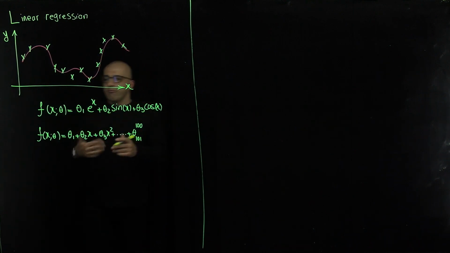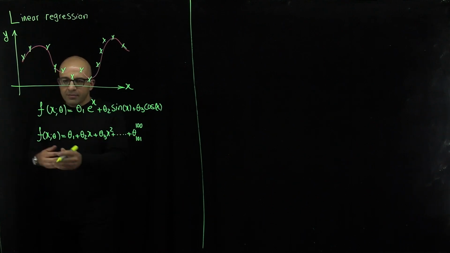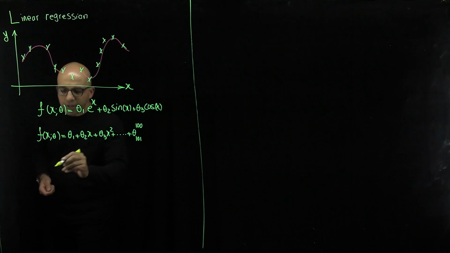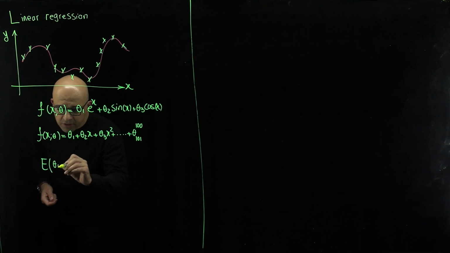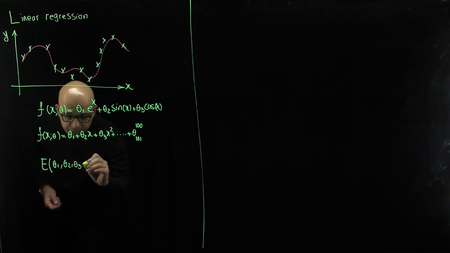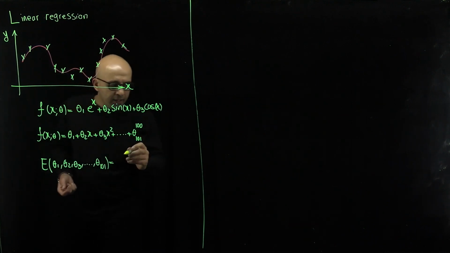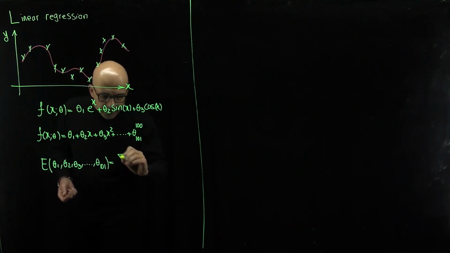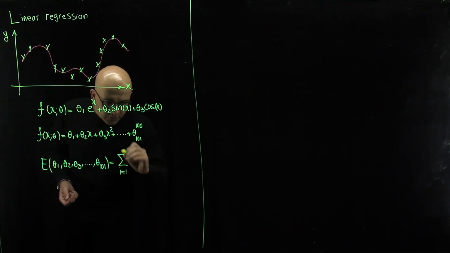We can again go back and formulate this using the loss function the way we had it before. But mathematically it becomes tedious to formulate and write the equations in that form. For the second example, you have to write the function versus theta 1, theta 2, theta 3, all the way to theta 101 equals, and there is one summation over data points, 1 over n, the same as before.